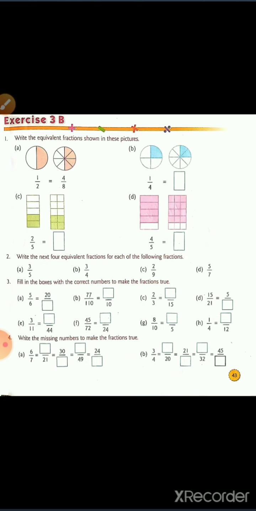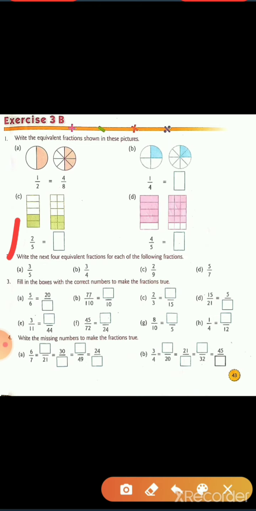Okay, the second one: write the next 4 equivalent fractions for each of the following fractions. And we know how we can get equivalent fractions. We get them by multiplication.